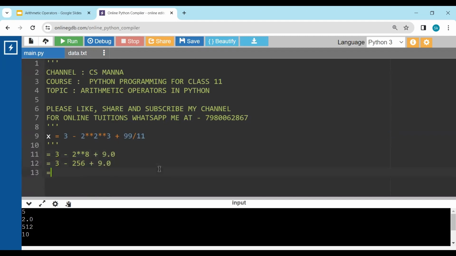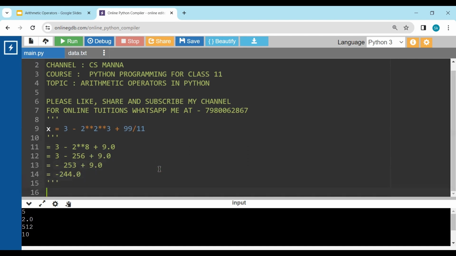Now we will follow the rules of associativity, which is left to right. So it will be minus 253 plus 9.0. So when we look at minus 253 plus 9.0, it will be minus 244. Obviously, as one of the values is float, the result will come as a float.